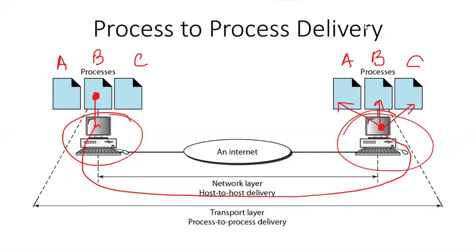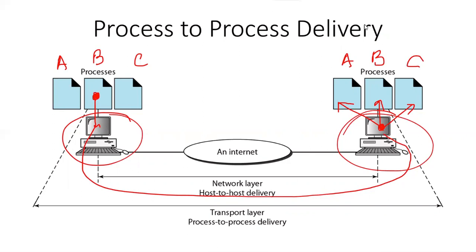So there is a segment which arrives. Which process should that segment be forwarded to? The addresses now used in the transport layer are the addresses of the processes. So the process ID or the process name is given as the address.